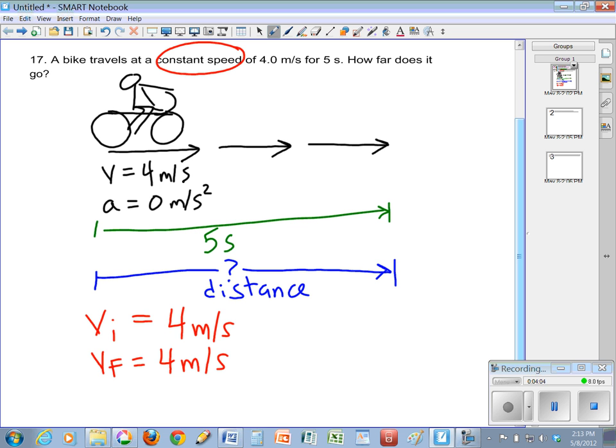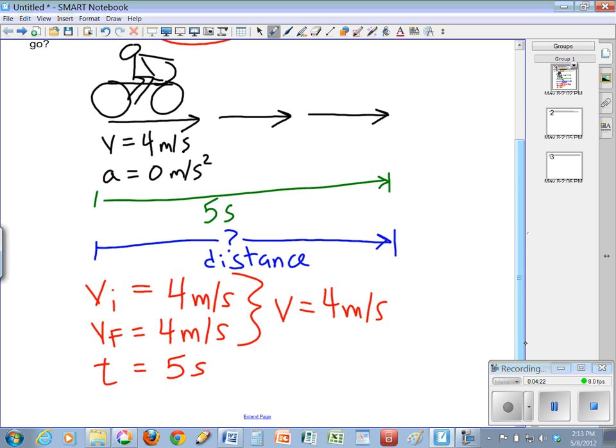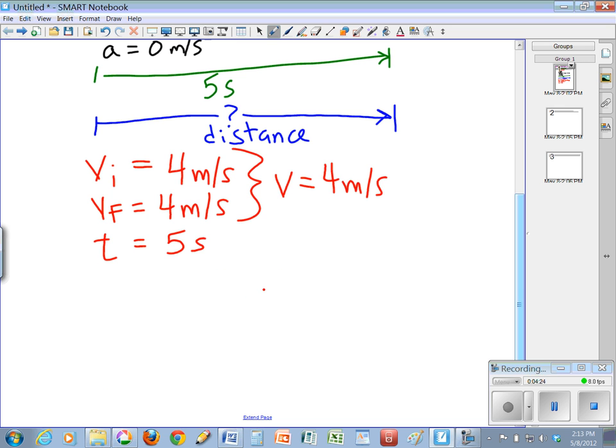Velocity isn't changing, so you can just list velocity like this, 4 meters per second. In some questions, initial velocity and final velocity may be different, but in this one, they're not. We know that time equals 5 seconds. And what we don't know here is the distance. We don't know how many meters this bike is traveling. That's what the question is asking us for.